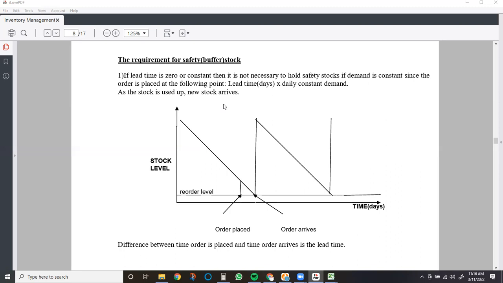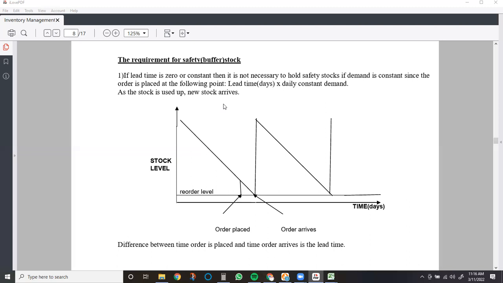So if suppliers take, say, 3 days to deliver, the company simply needs to order when 600 units are in stock. By the time it runs down, because the rate of usage is constant, the goods will arrive.